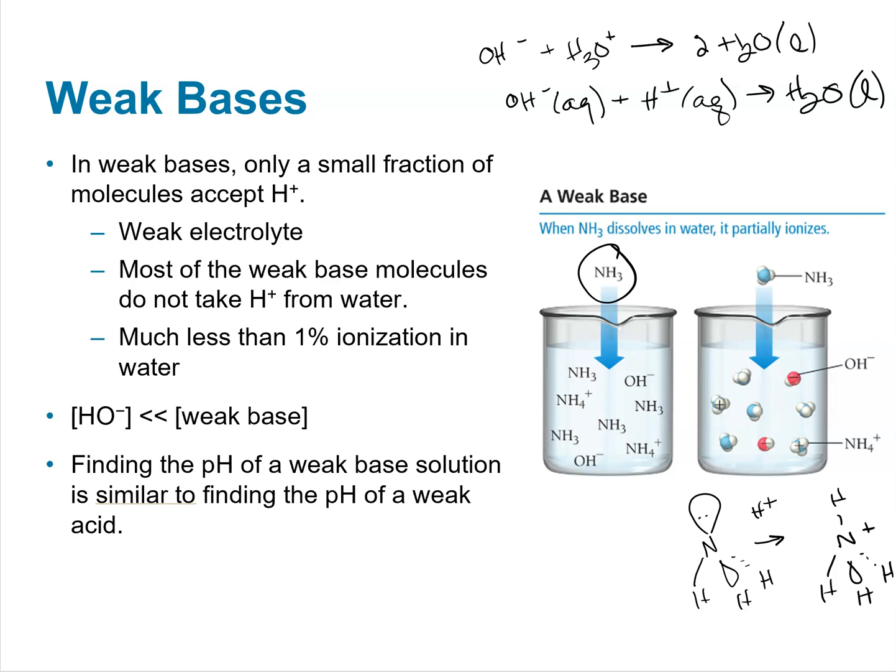But it only does this a little bit. It doesn't do it comprehensively. So not every unit of ammonia in solution will scavenge free protons to form ammonium unless there's a very, very large excess of free protons available, which force the reaction.